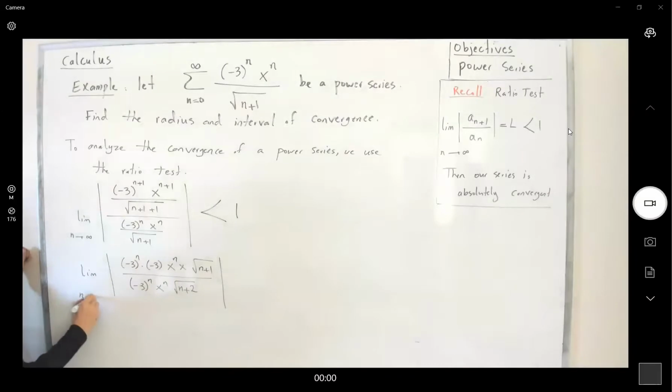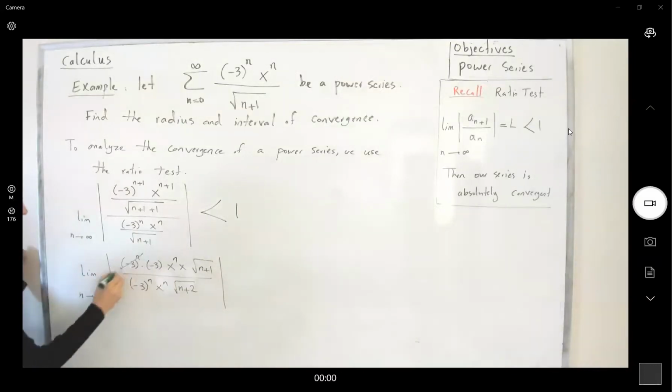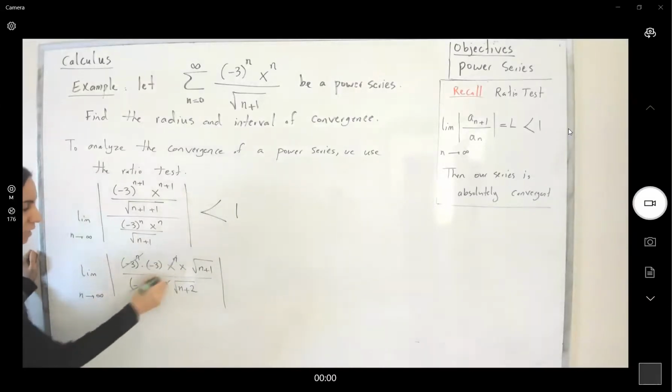Then we send n to infinity. There you go. As you can see, you can cancel out the common factors, negative 3 to the power n, negative 3 to the power n. And at the same time, you have x to the n and x to the n.